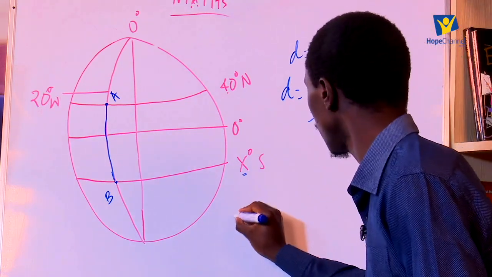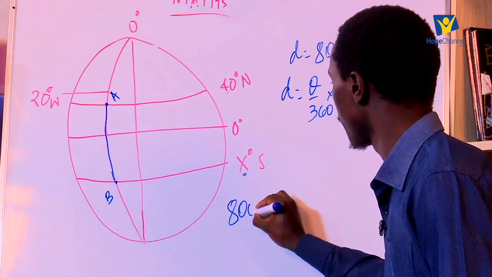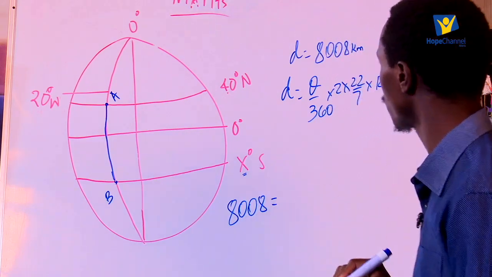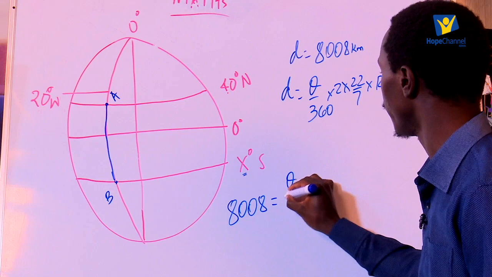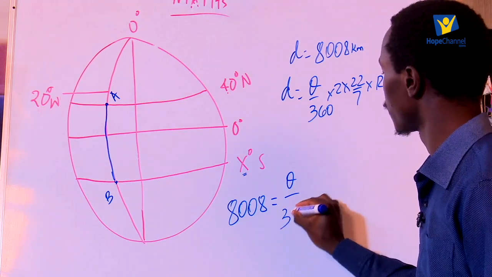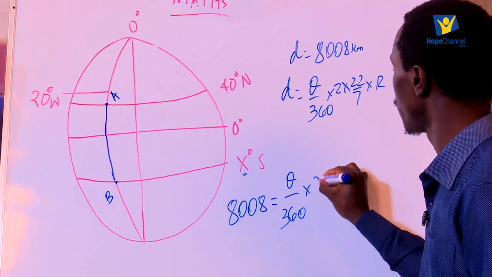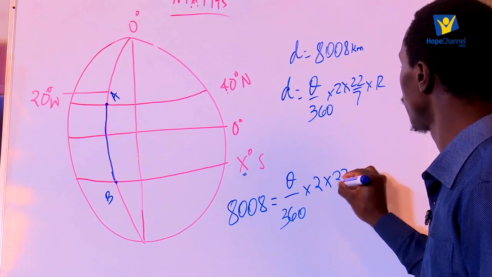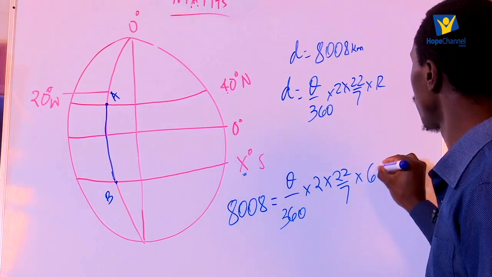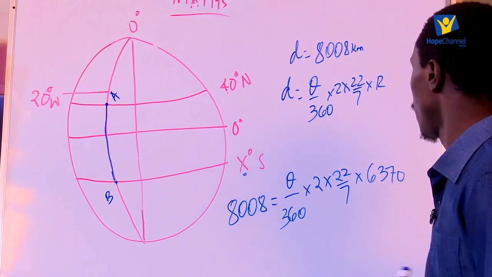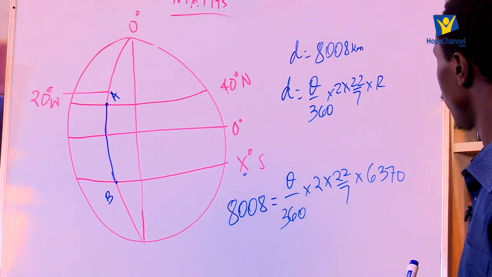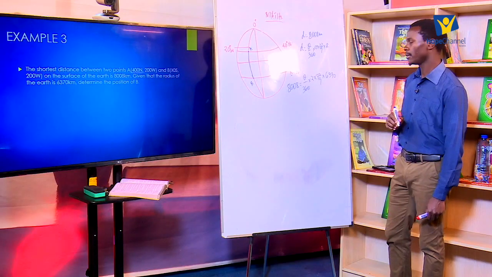Now we have the distance as 8,008 being equal to theta, that we don't know, over 360 multiplied by 2 by 22 over 7 multiplied by 6370. Now by correct substitution and division, we'll be able to get the value of theta.